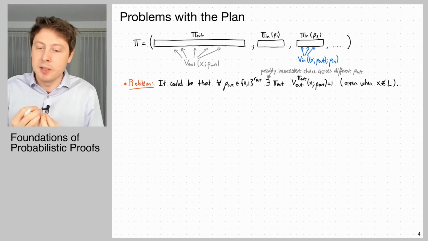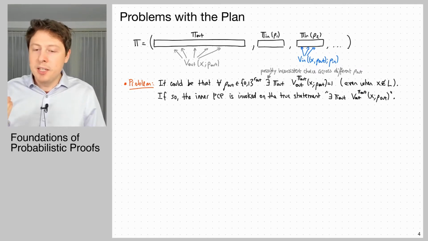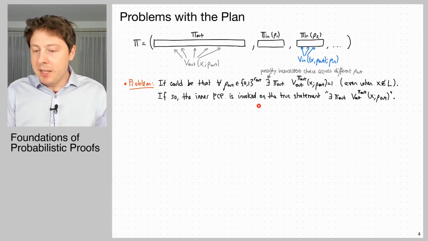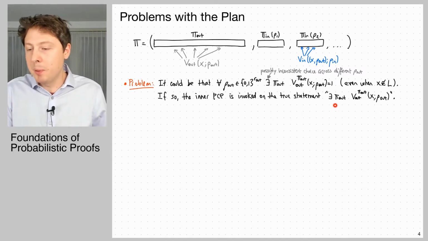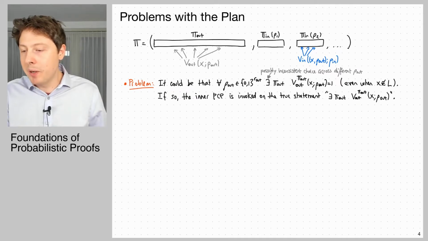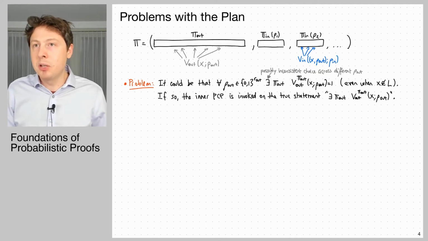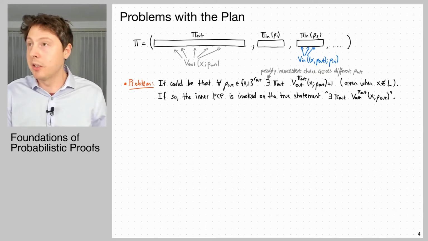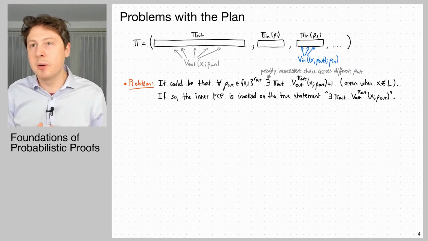But what does this mean? It means that we need to be careful about what the inner PCP is proving. If the inner PCP is asked to prove the statement, does there exist pi out such that the verifier, given pi out, would have accepted specifically on this randomness, well, this statement could just be a tautology. It could be always true, no matter the choice of rho out, okay? So somehow the inner PCP should not be reasoning about satisfiability, but about some other type of problem.